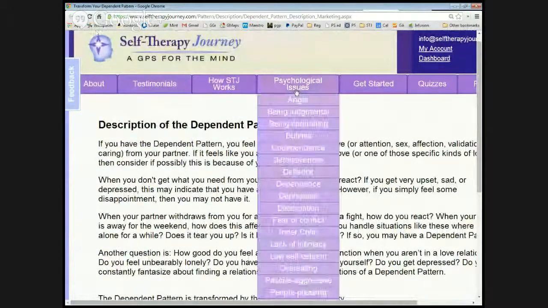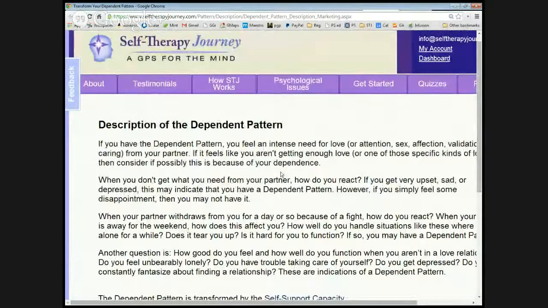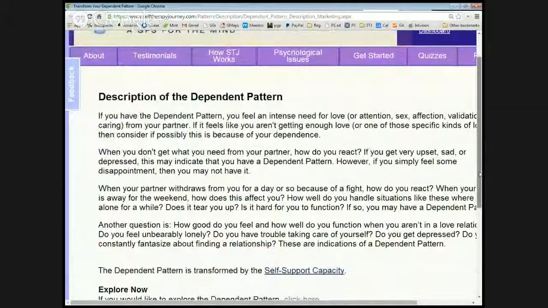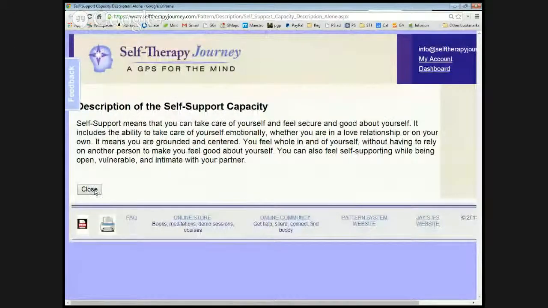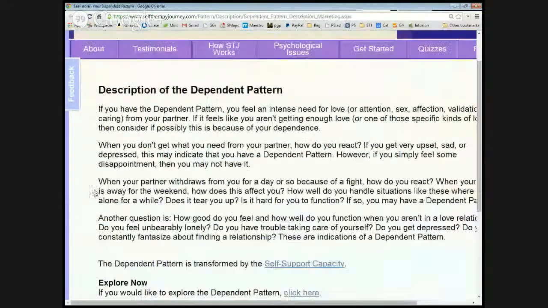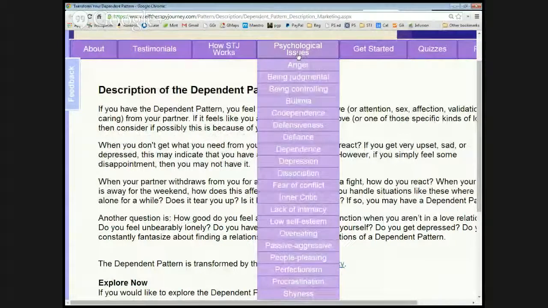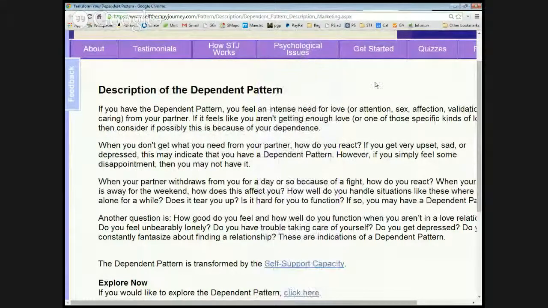That's not actually a good illustration. But anyway, there's a description of each pattern and the capacity that resolves it, so they can look through here, they can read about the self-support capacity that resolves dependence, and so on, so that they can read through and just look around and see if it appeals to them. I think that's the best thing I can say there.